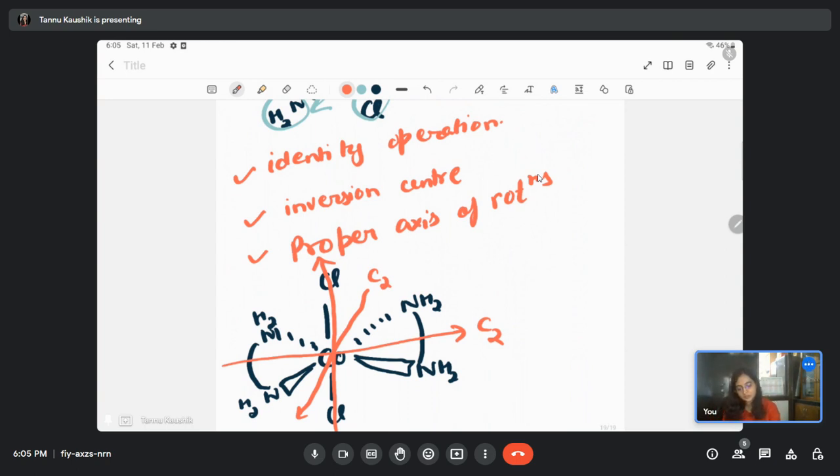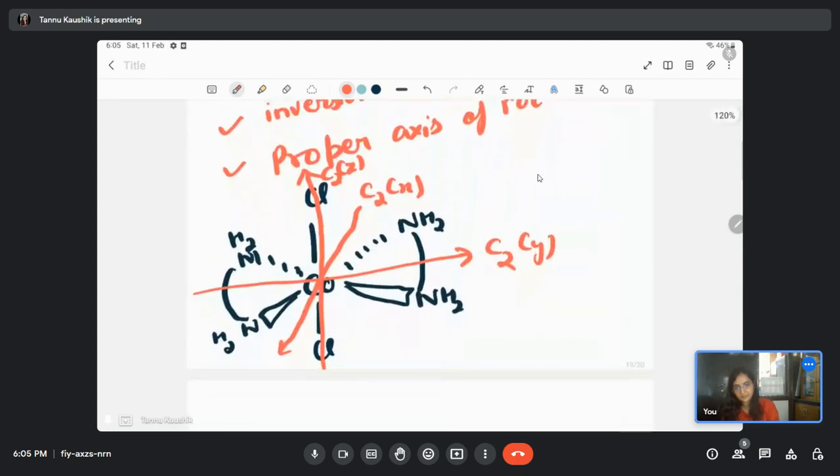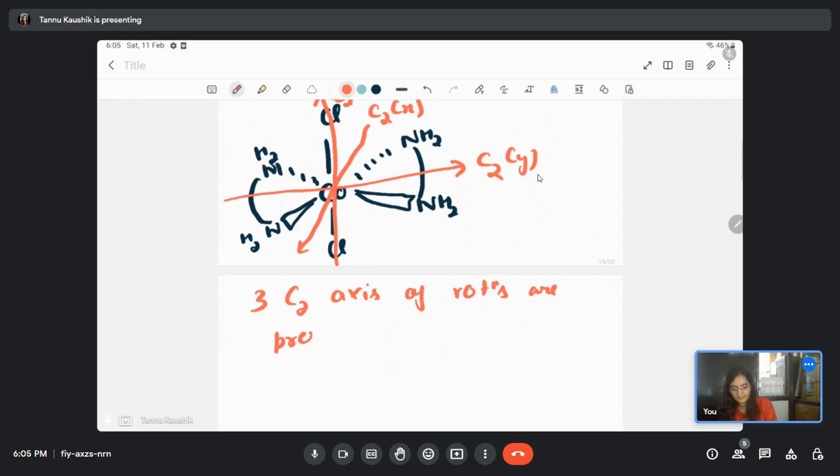So we have C2z, C2y, and C2x. So three C2 axes of rotation are present, and also a sigma H plane is present.